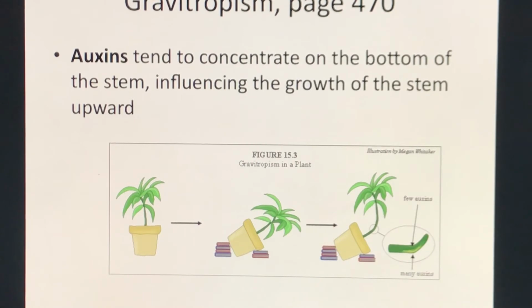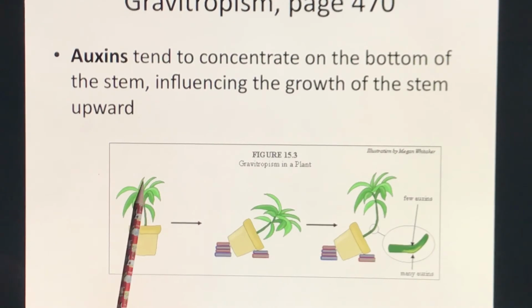So here's an example, figure 15.3 of gravitropism. They do know that auxins tend to concentrate on the bottom of a stem. If a stem has a top and a bottom side, they see more auxins in this bottom side.